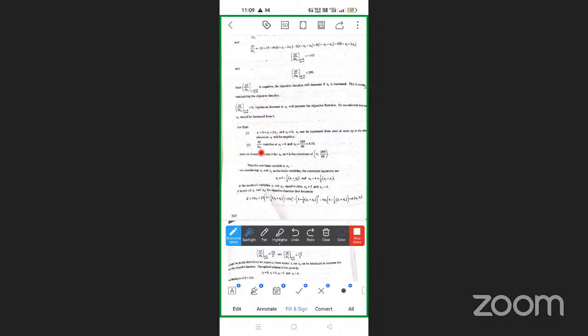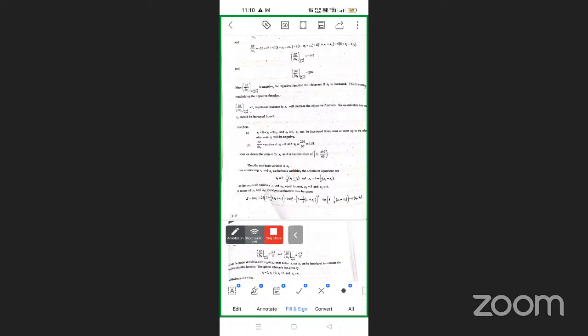Here also, dou z by dou x4 vanishes at x3 equal to 0. So x4 equals 299 by 66, that is 4.53. Choosing x4 maximum, that is 4 comma 299 by 66. So this is the new basic variable x4.